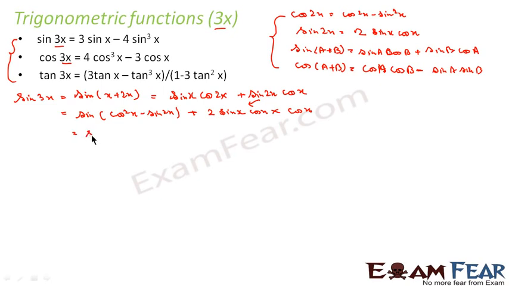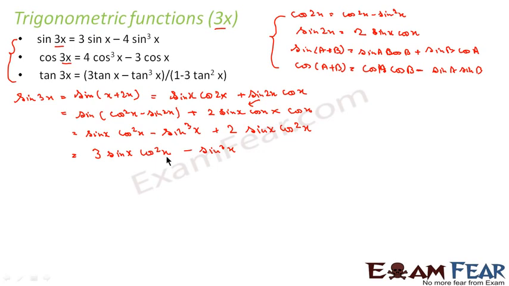So what I get here is sine x cos square x minus sine cube x plus 2 sine x cos square x. This is what we have got. You see sine x cos square x and this sine x cos square x, so this becomes 3 sine x cos square x minus sine x whole cube.